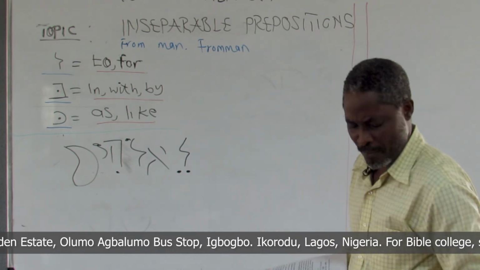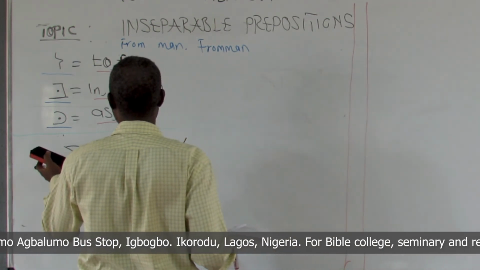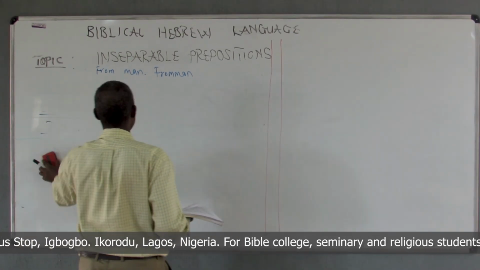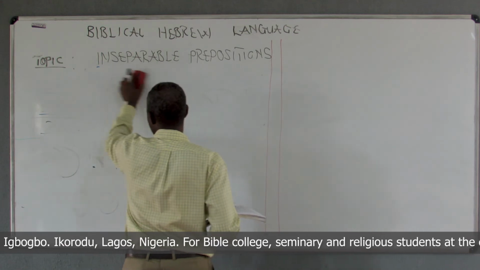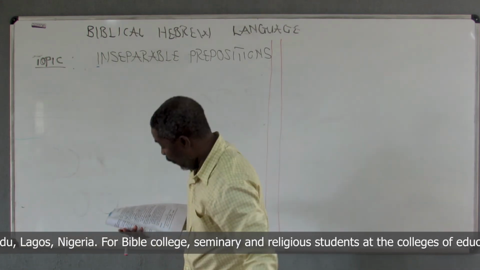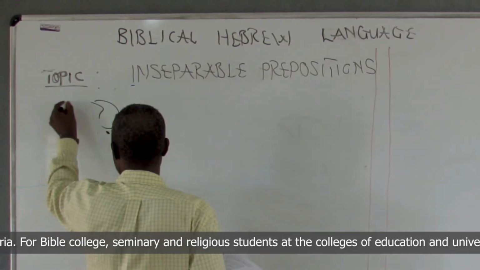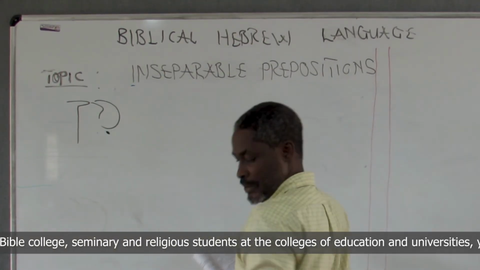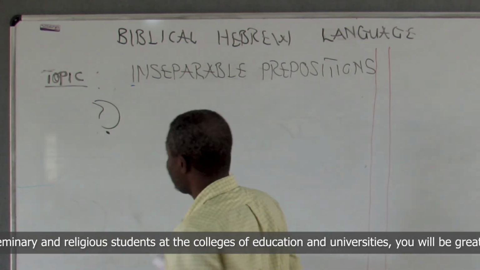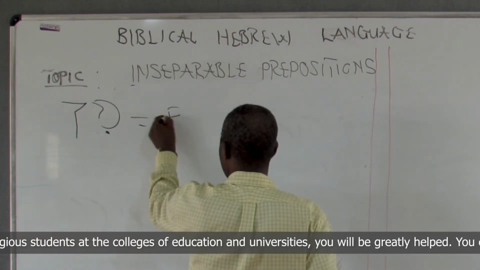Now, apart from these three inseparable prepositions that have been explained here, there is another preposition. And that preposition is min, which is from. This is final nun. Let me write it better. Min, which is from.